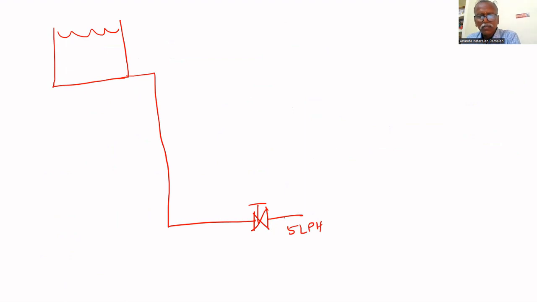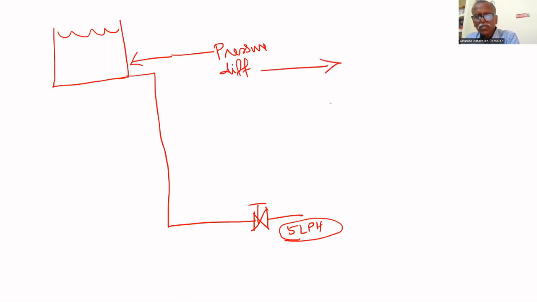This flow rate is a function of the pressure difference across these two ends. Here is atmospheric pressure.